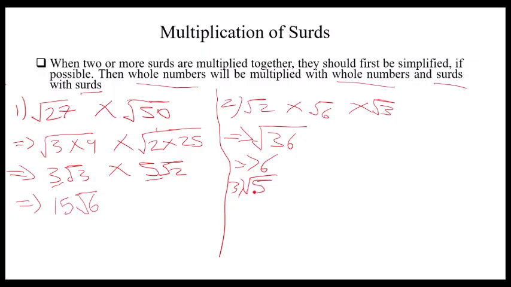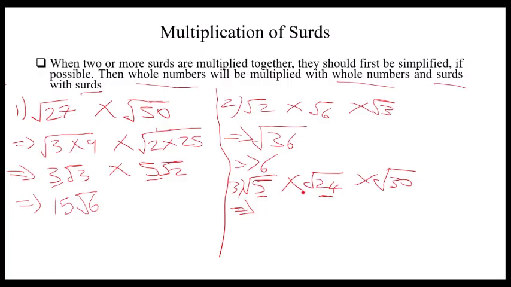Square root of 5 times square root of 24 times square root of 30. So when we check this, although the 5 cannot be simplified, let's check the others. Can 24 be factorized further?